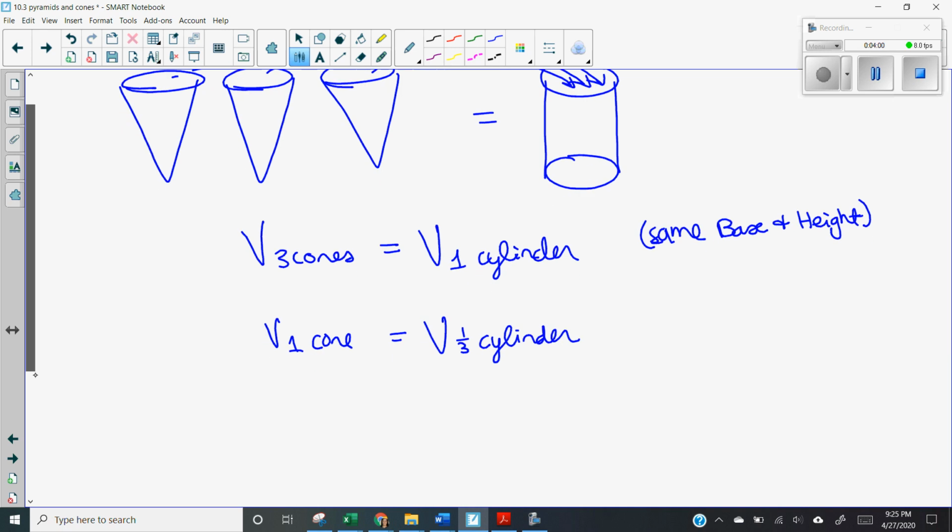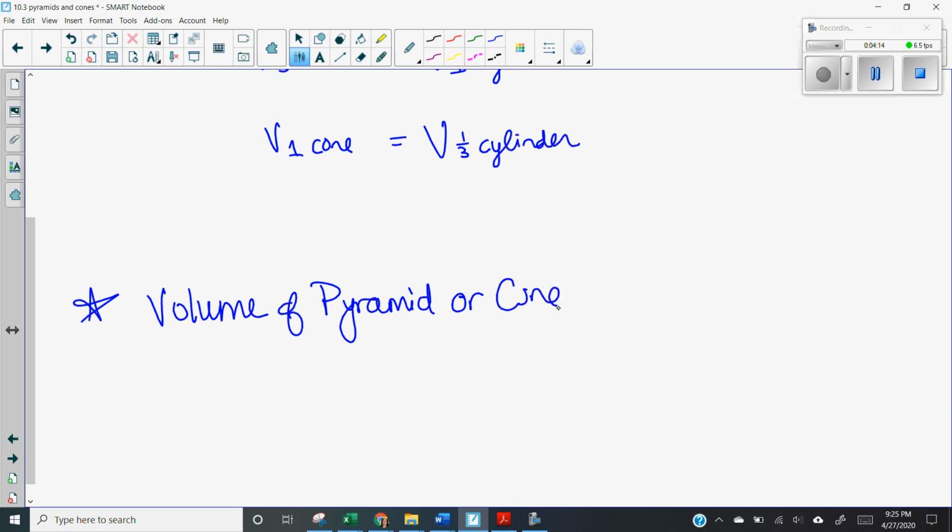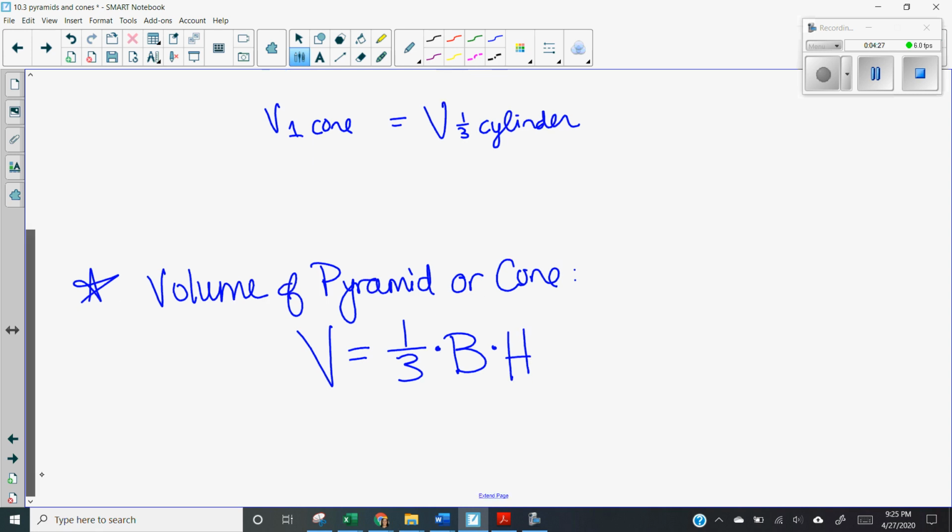Okay, so for both of these, let's write down real big here. Here's our volume formula. So this is the volume of either a pyramid or cone. Capital V for volume equals 1/3 times capital B for area of the base, capital H for the height of the whole thing.